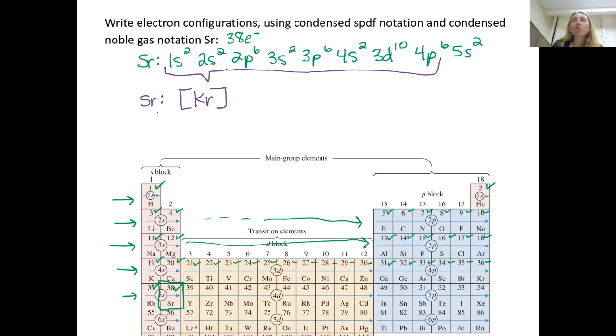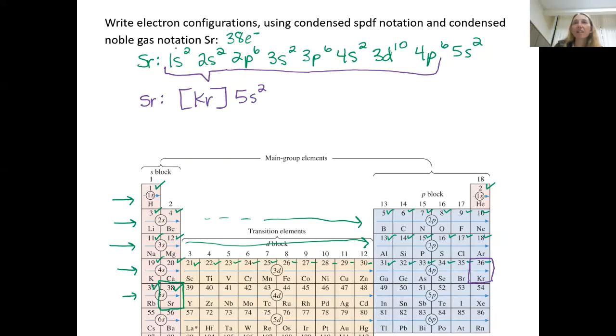So if I say, well, strontium is krypton plus 5s2, then instead of writing everything out, I've shorthanded it, right? So krypton is this whole electron configuration with my 36 electrons. And strontium has 2 extra electrons. So strontium is krypton plus 5s2.